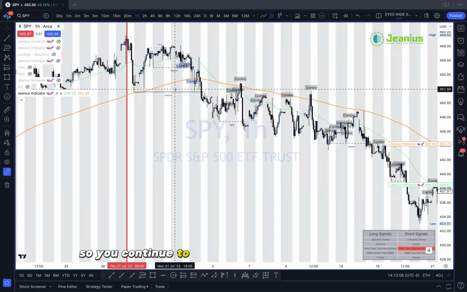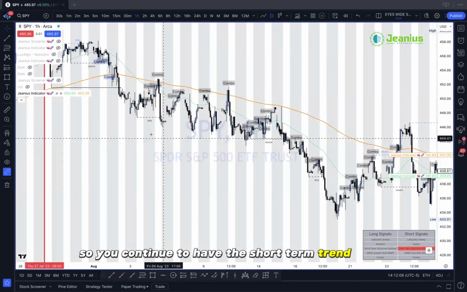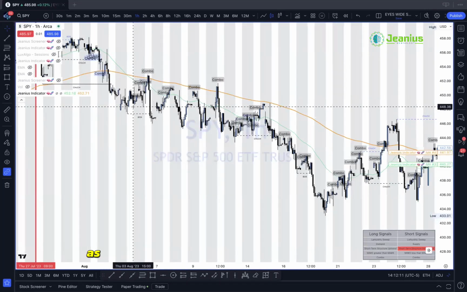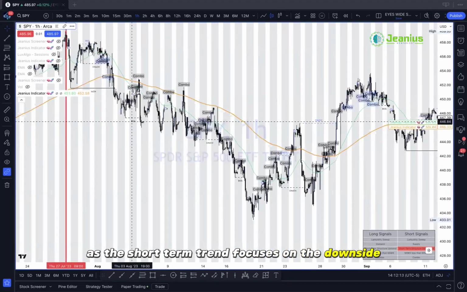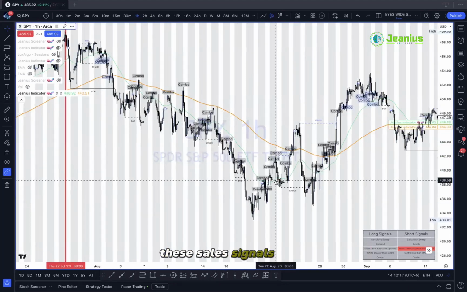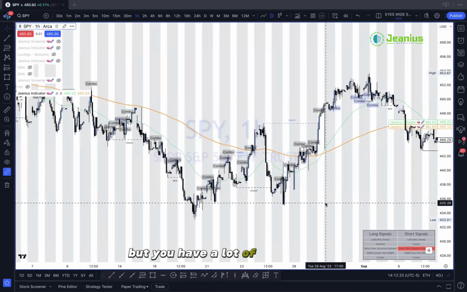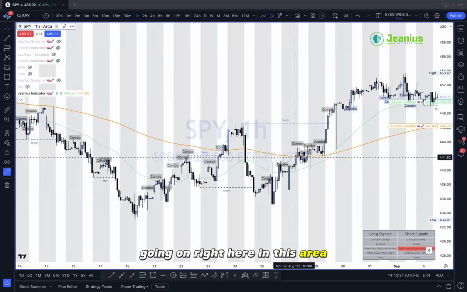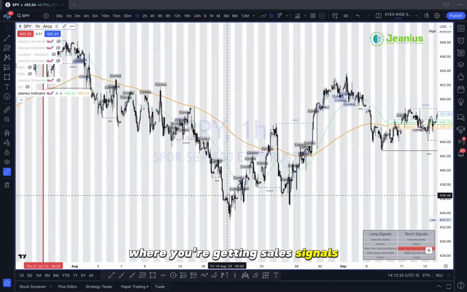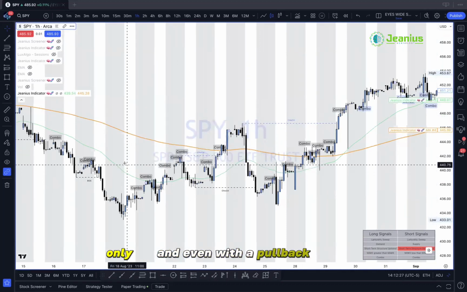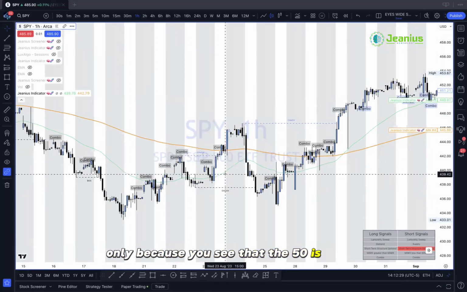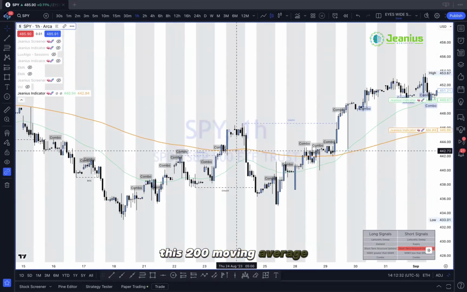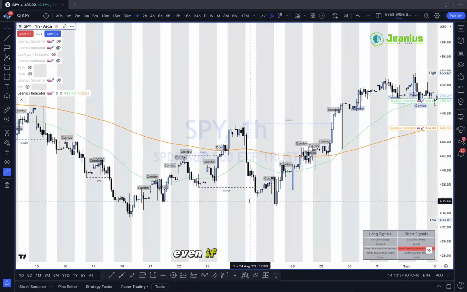You continue to have the short-term trend to the downside. As the short-term trend focuses on the downside, you only get these sell signals. But you have a lot of consolidation going on right here where you're getting sell signals even with a pullback, only because you see that the 50 is below this 200 moving average. So it wasn't going to give you a buy signal even if it wanted to.